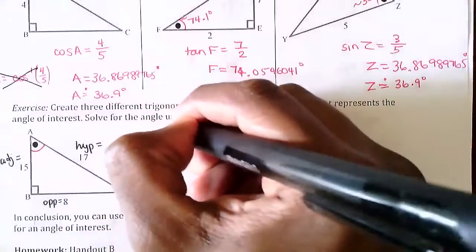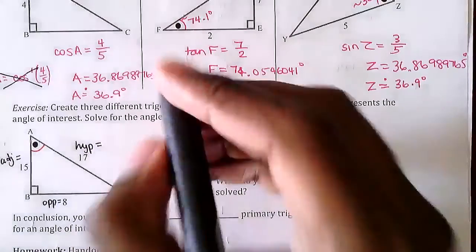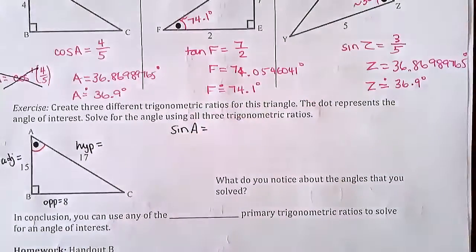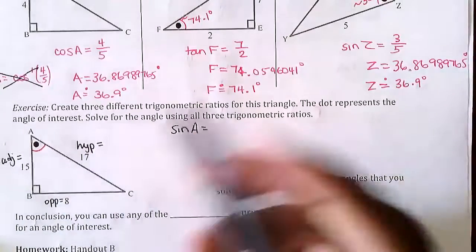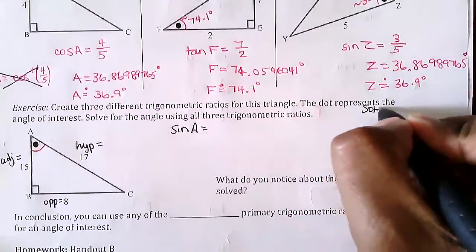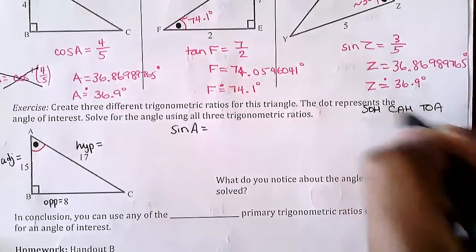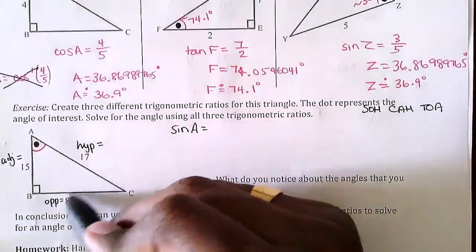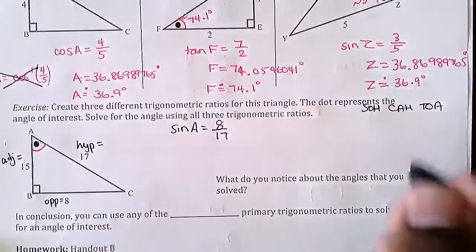So sine, remember, sine has to be associated with an argument, an angle, which is A. The sine of A is equal to, SOHCAHTOA, so opposite over hypotenuse, 8 over 17.